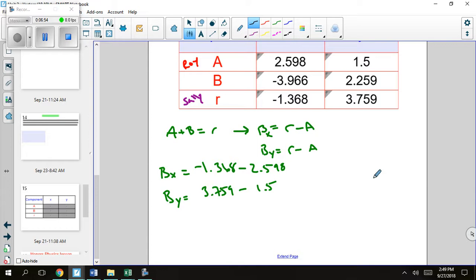So here's the second part of the trick here. We have negative, so we know we're going west. And we know we are going north because it's positive.